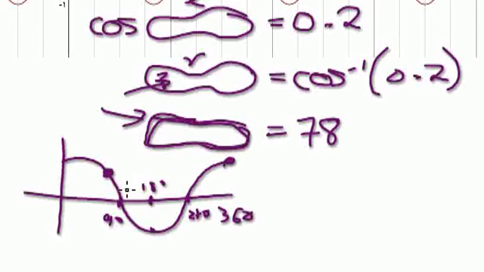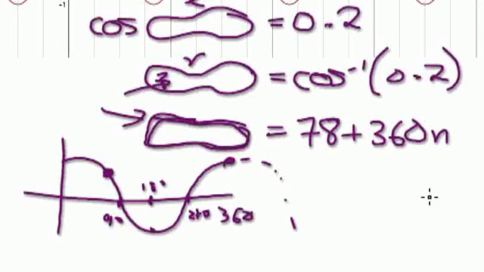If you keep extending this and add another 360, you get another solution. Basically it will be 78 plus 360n, where n belongs to the set of integers.